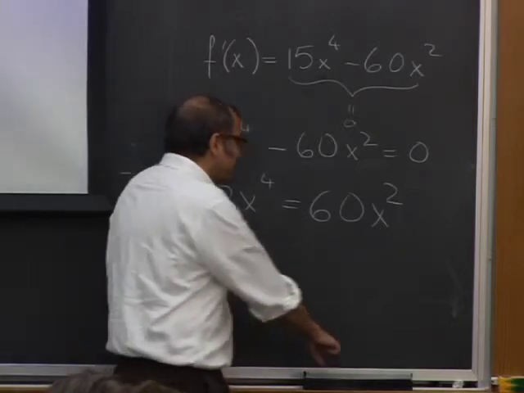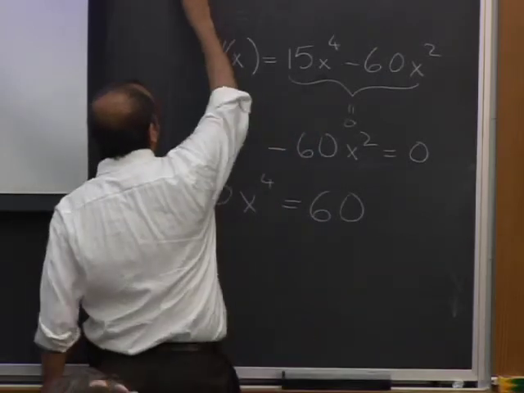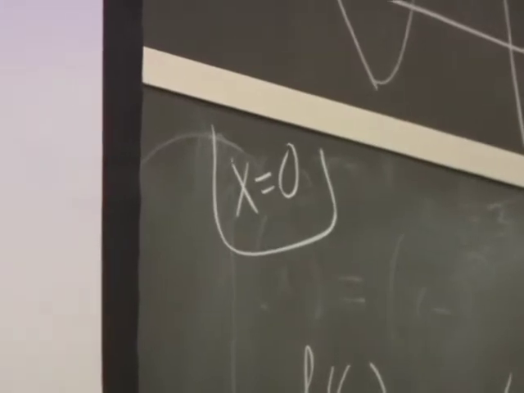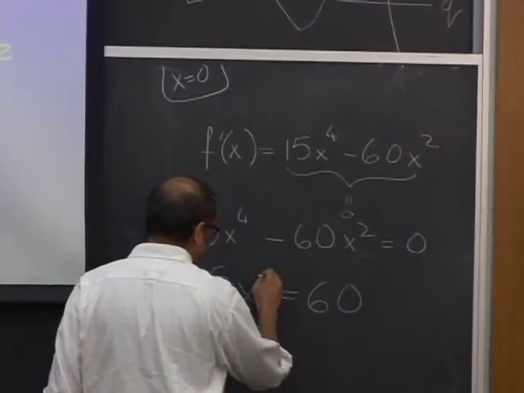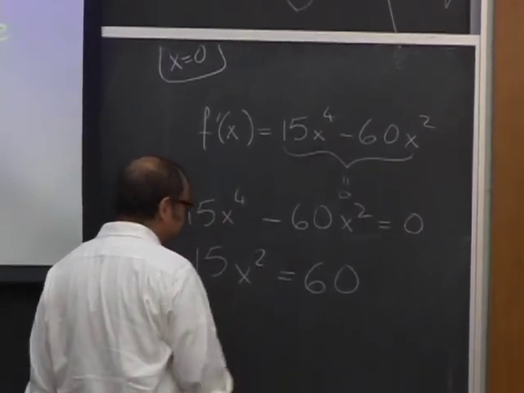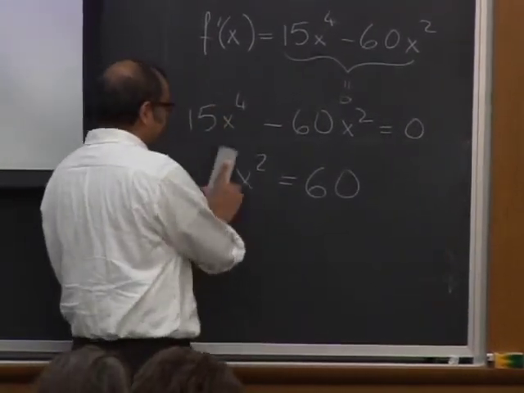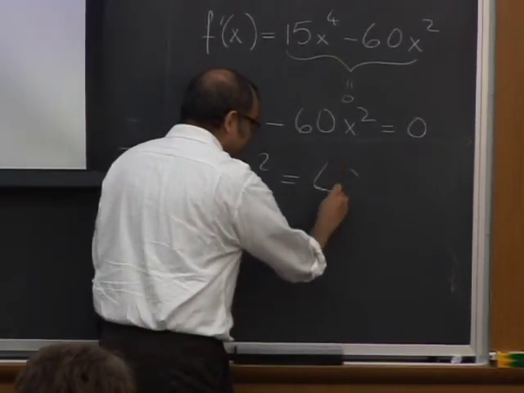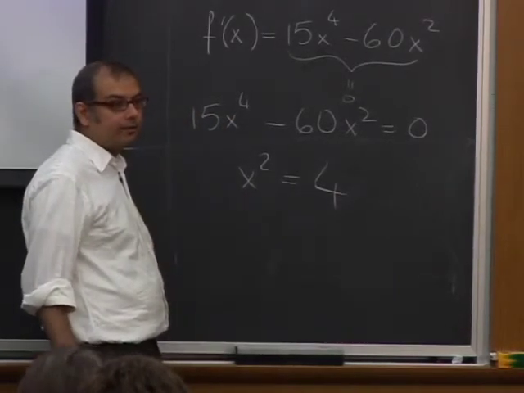Okay, so I keep in mind that I have to examine the case that x is equal to 0, and then I divide both sides by x squared. So I get, and then I divide both sides by 15. Okay, so this reduces to a simple equation.